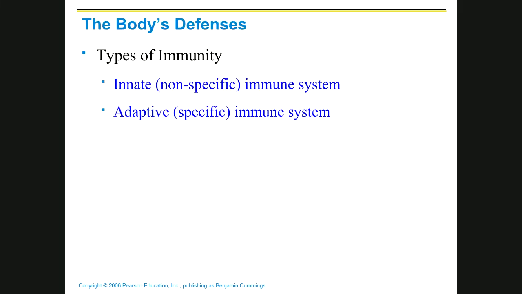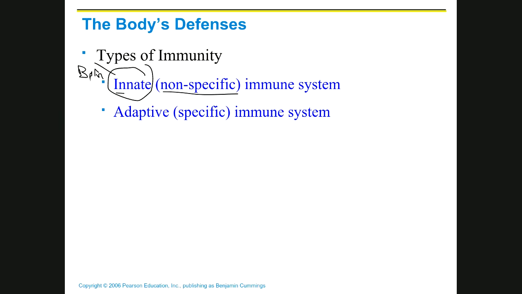So remember, immunity is your ability to resist disease, but actually we have two types of immunity. One type of immunity is called innate. Innate means you're born with it. So the day you're born, you have this. And innate is also called nonspecific.